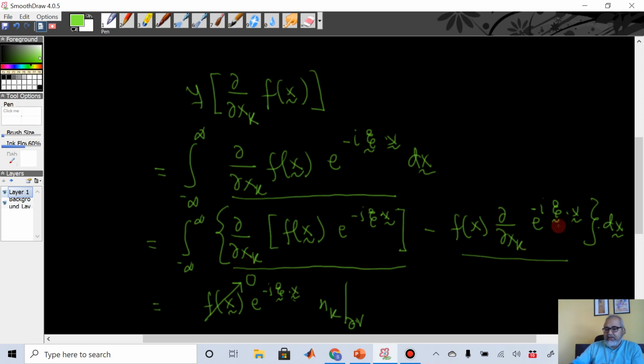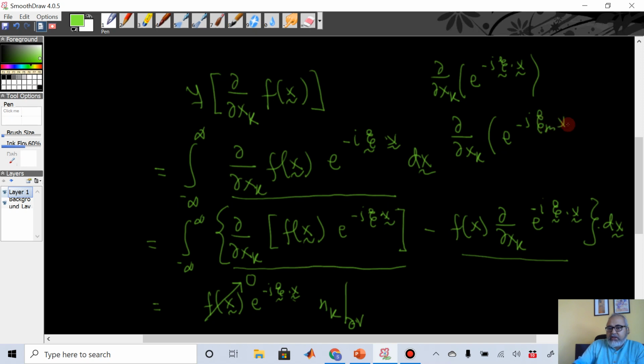And now del xk of this will simply be, and this is an important result, del xk of e to the power minus i zeta dot x is the same as del xk of e to the power minus i zeta m xm, which is e to the power minus i zeta m xm times minus i zeta m delta mk.